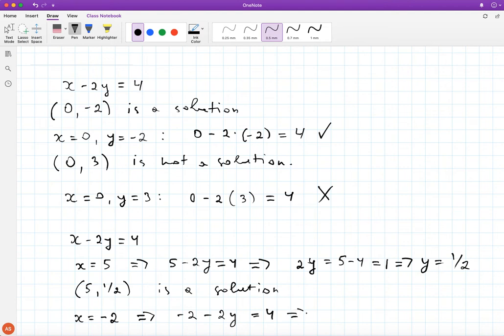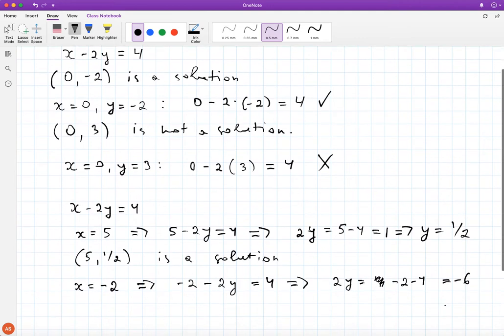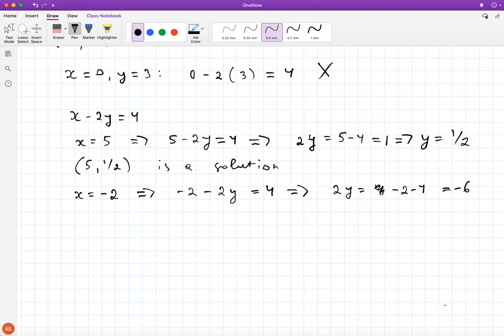And we can solve this equation for y to obtain 2y equals negative 2 minus 4, negative 6. And dividing both sides by 2, we find that y equals negative 6 over 2, negative 3.